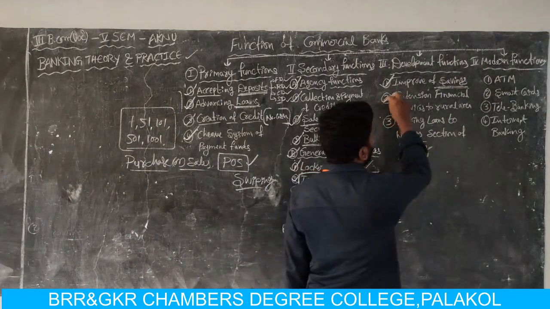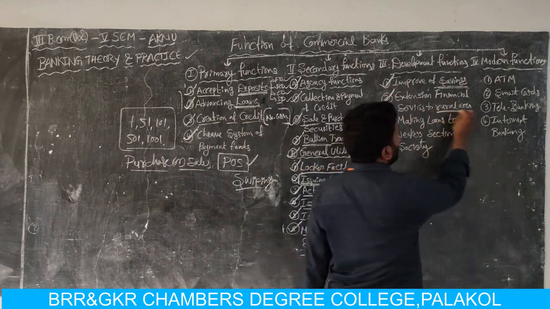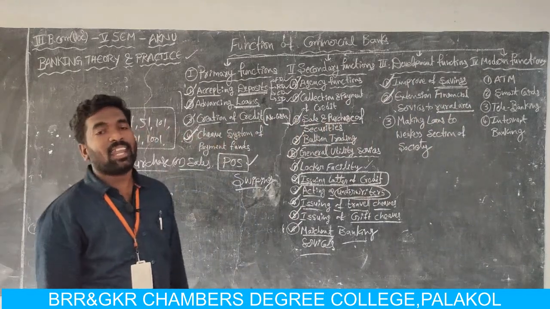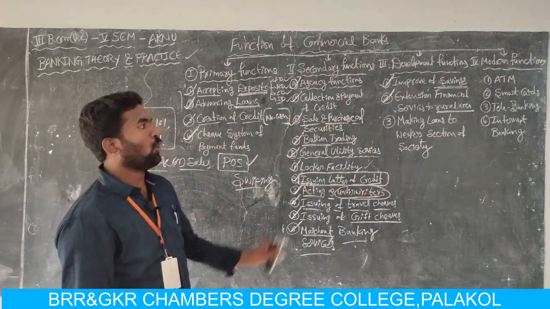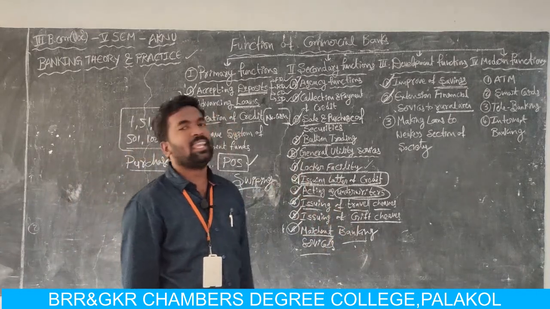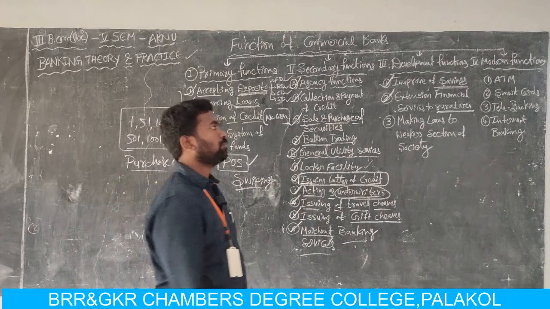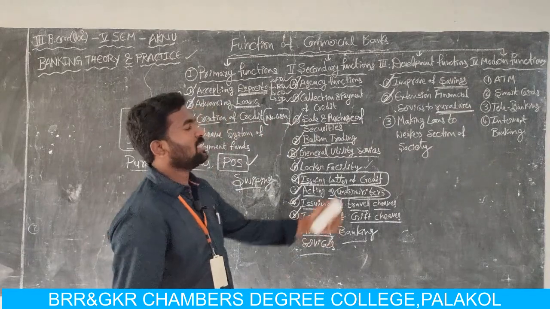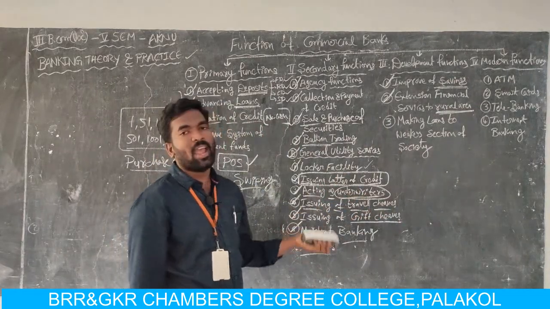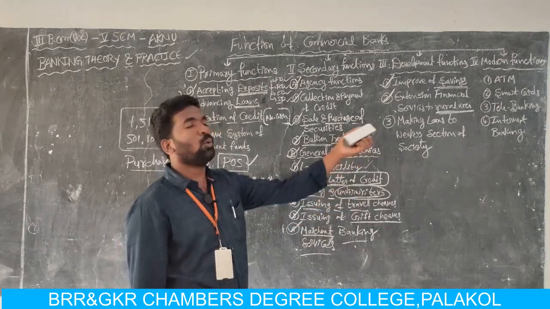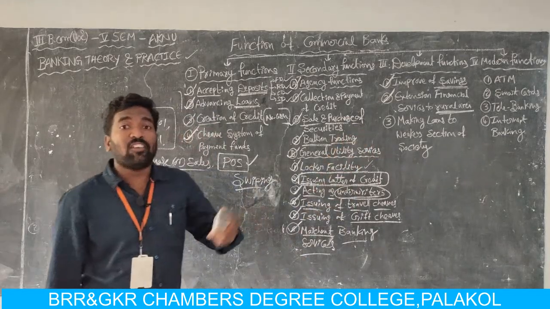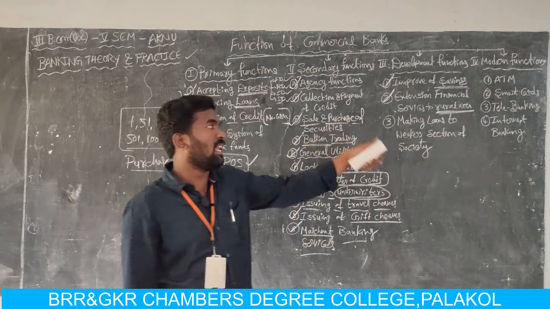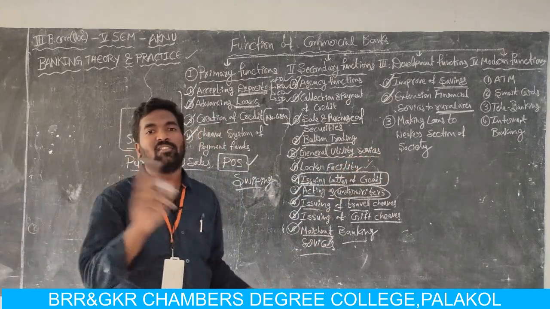Then extension of financial services to rural area. India is a developing country, not a developed country, because rural areas have so many poor people. So banks extend their branches in rural areas also. In comparison between cities or towns and rural areas, the interest rate will be different.